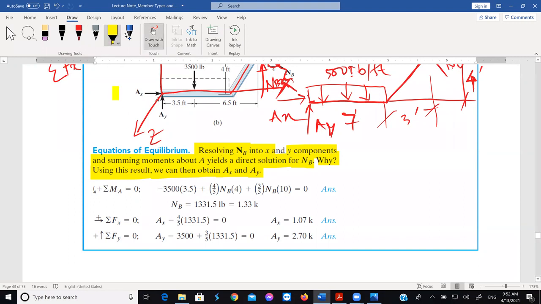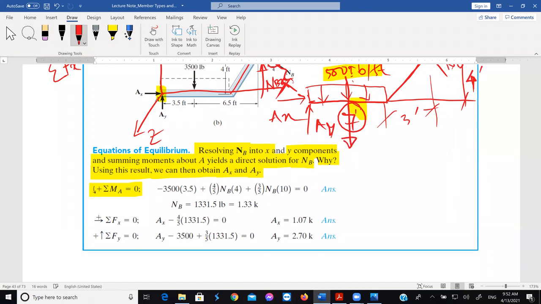So let's see how they have taken the equilibrium equations, and they are summing the moment equilibrium first about point A. So we are taking the moment at A about the Z axis, and we are considering anti-clockwise moment as positive moment. So the impact of this 500 pound per feet acting over 7 feet, as you know, uniformly distributed loads, the impact is determined from its reaction.